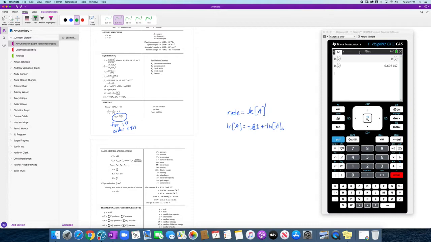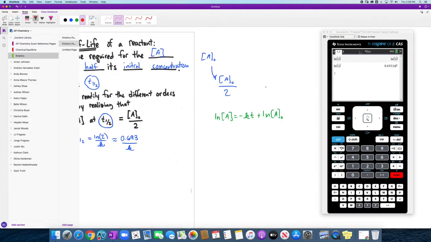Now here, I'm going to show you how you can derive half-life. We're going to substitute in the idea of half-life. All right. And so we're going to take that and substitute it. Here, we're going to substitute in half-life for the variable time. Time is a variable. Half-life is a specific amount of time.